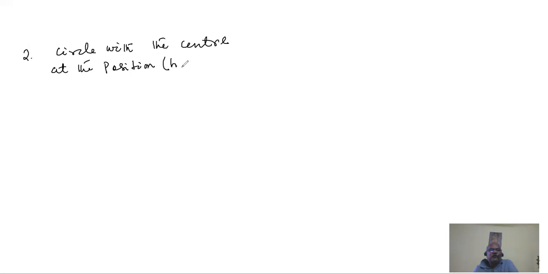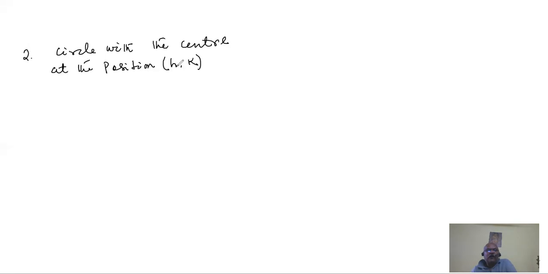So we consider number 2, that is a circle with the center not at the origin, but at the position whose x coordinate is h and y is k.